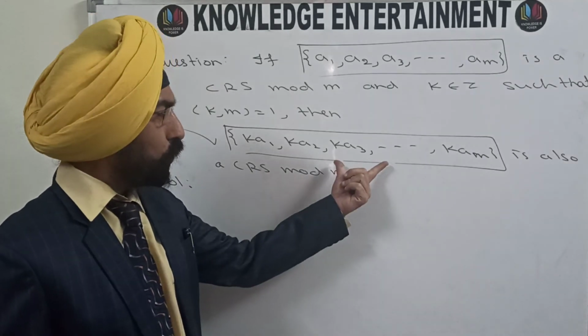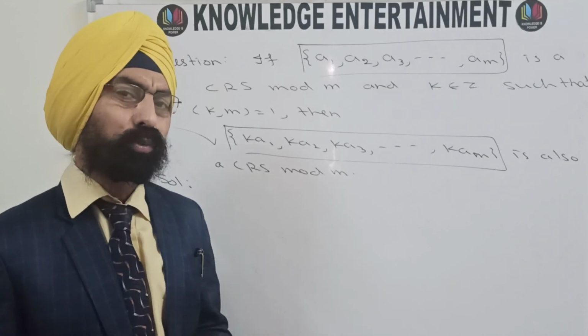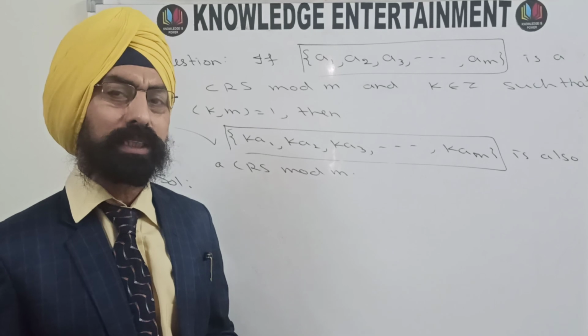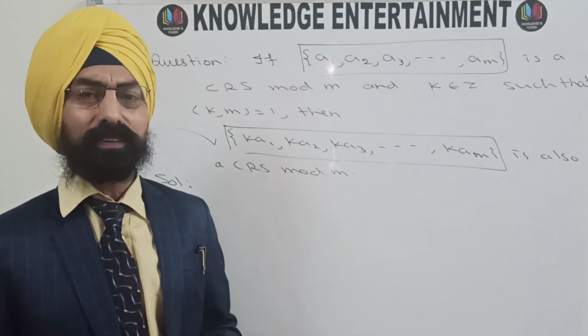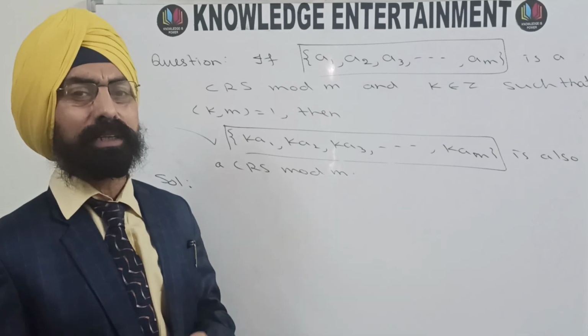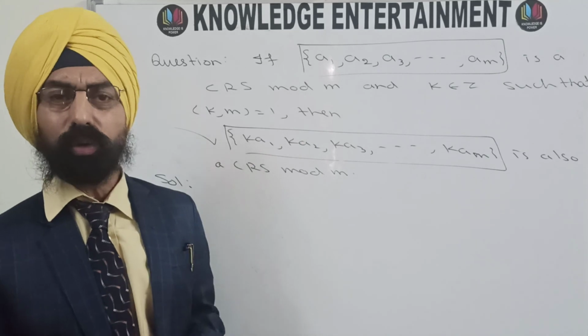I will prove that no two members of this set are congruent to each other modulo M, by the method of contradiction. First I will suppose that there are two members which are congruent to each other modulo M, and then we will arrive at some contradiction. That will mean no two members of this set can be congruent to each other modulo M, which means this set is a complete residue system modulo M.